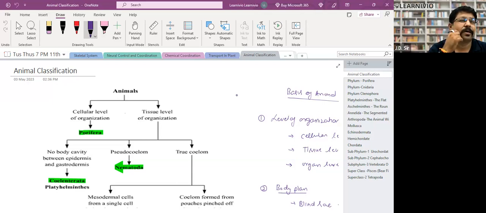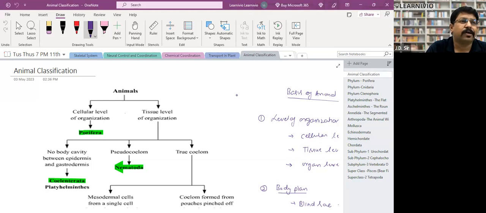In tissues, the cells have cellular interconnections. That is a very important point.